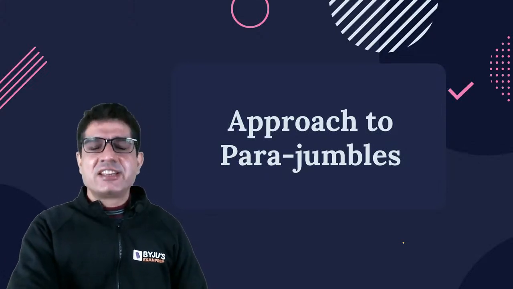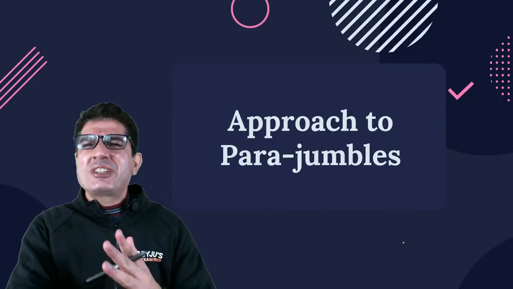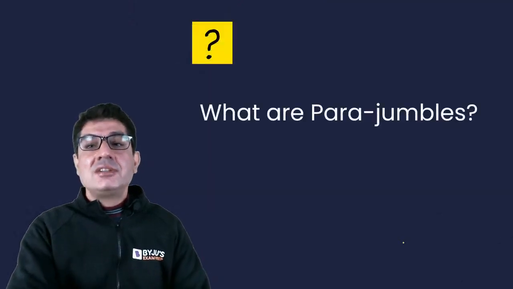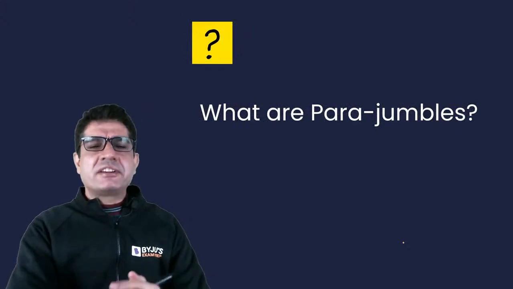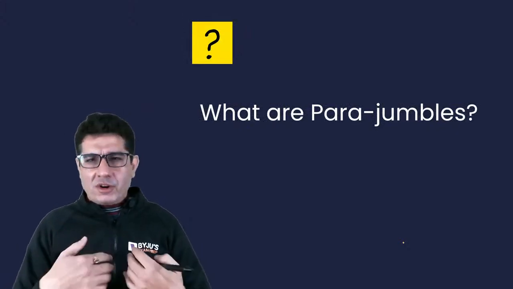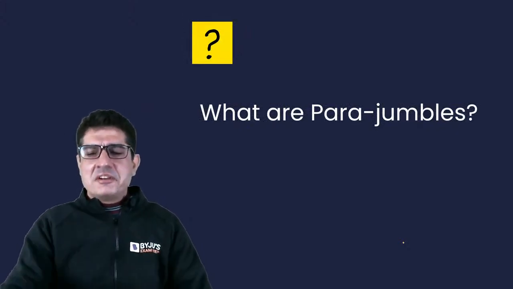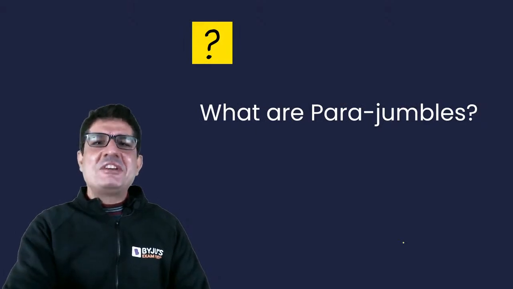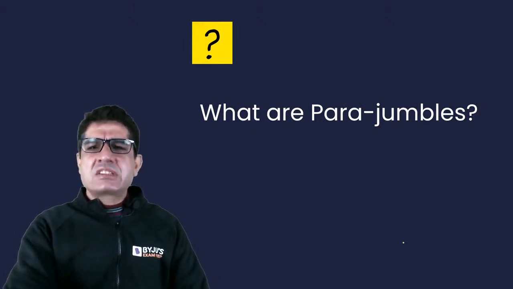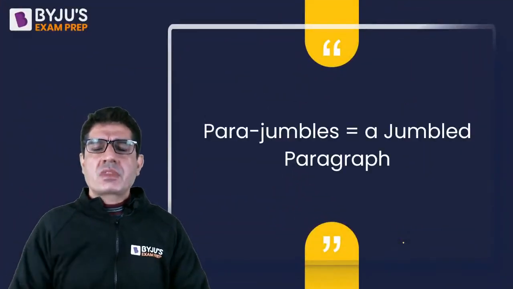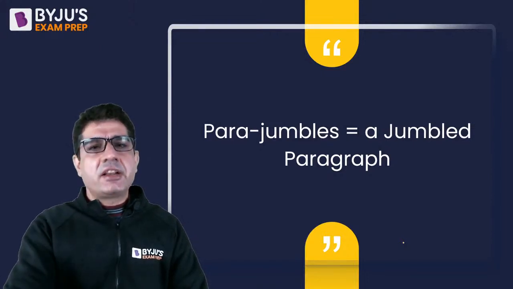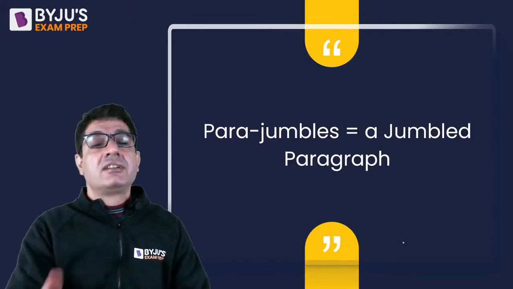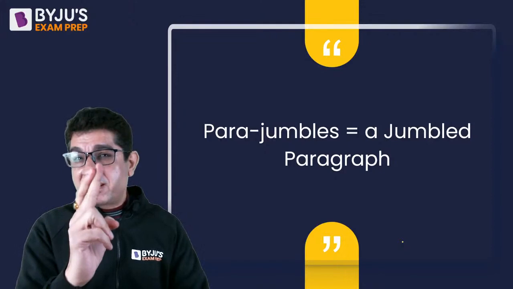In case you are a fresher, just about starting out, you may ask, what are Para Jumbles? Para Jumble is a cooked up word. All of us, the English faculty members, the VARC faculty members, started using Para Jumbles to refer to a jumbled paragraph. Basically, the examiner typically picks up a paragraph, though the CAT does not always do that.